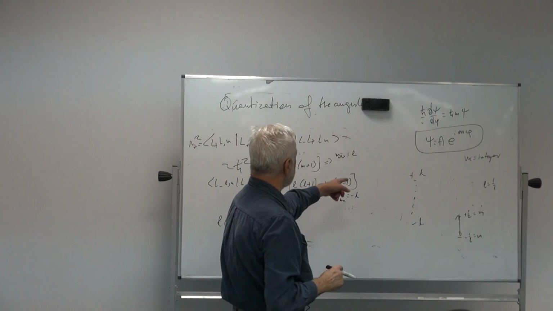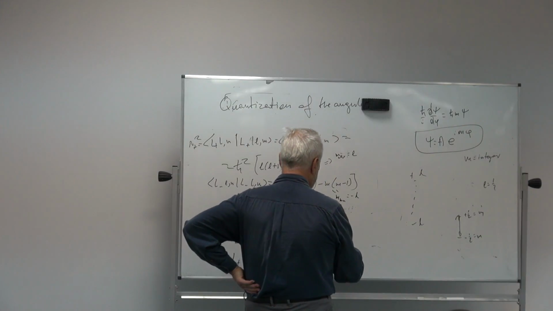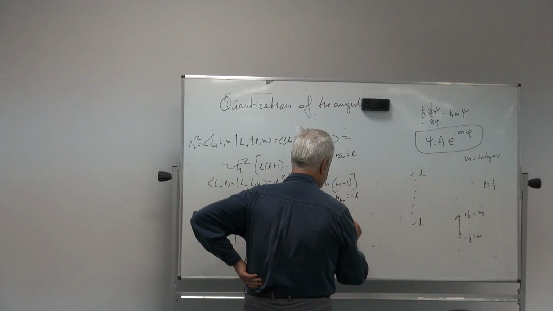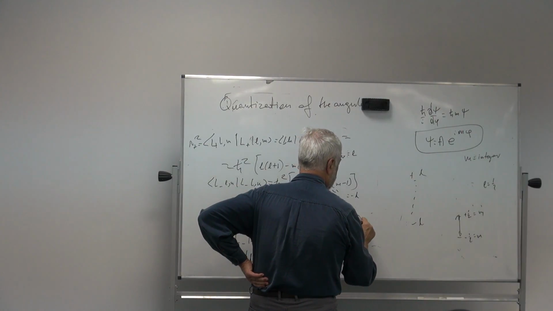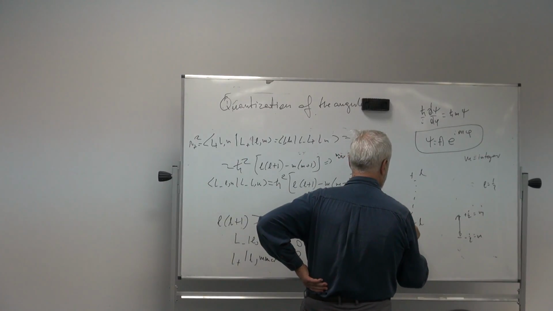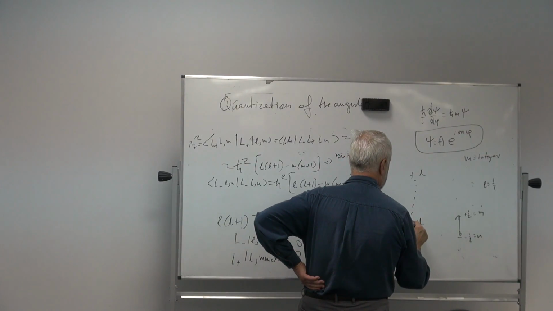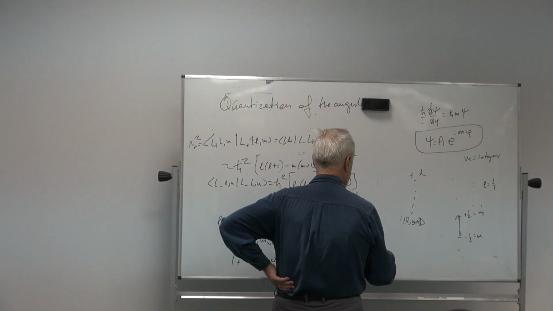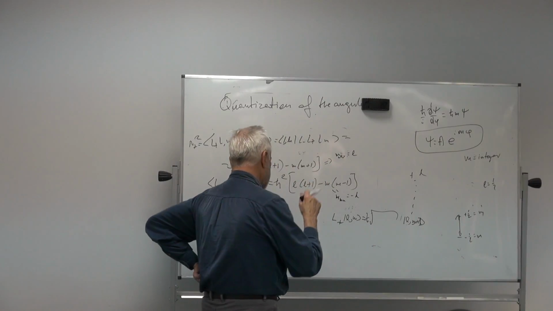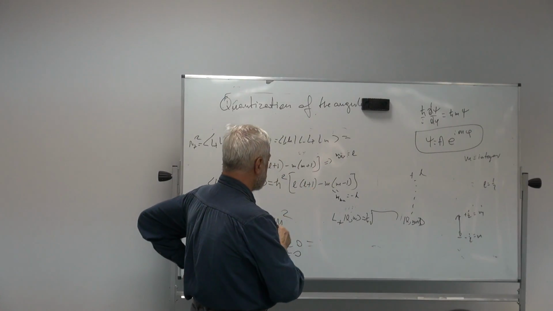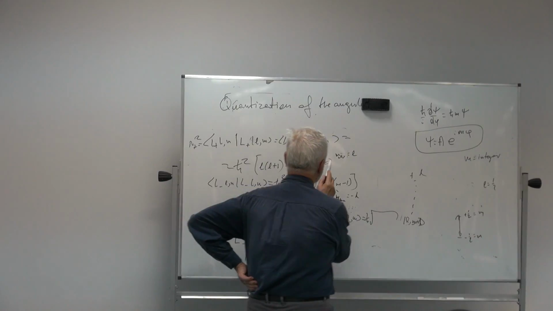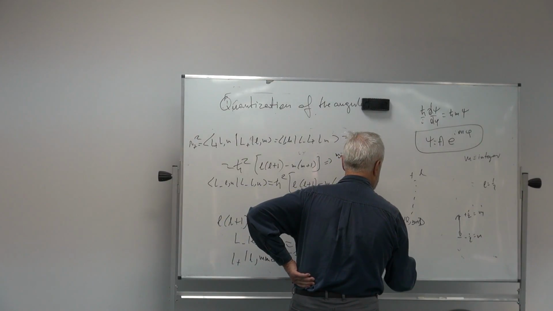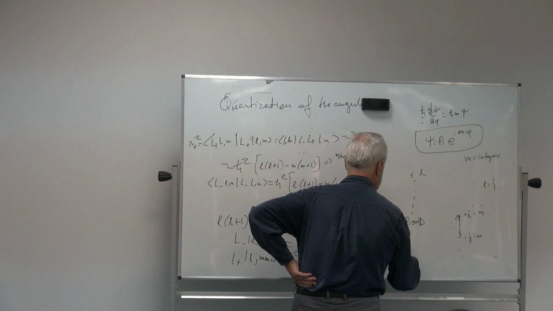So from this normalization condition, we can write explicitly that L plus acting on |L,m> is not only proportional to |L,m+1>, but we also know that the coefficient, apart from the unimportant phase factor, is the square root of L times (L plus 1) minus m times (m plus 1).